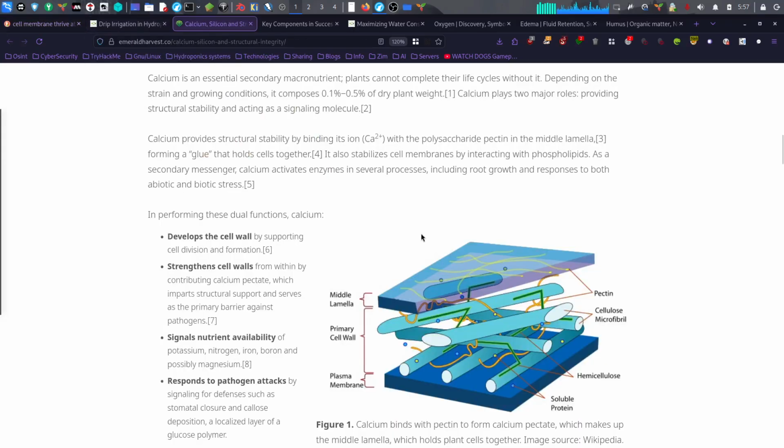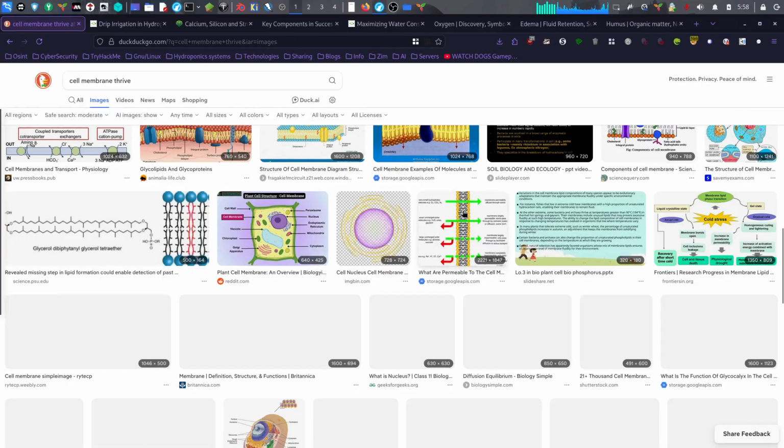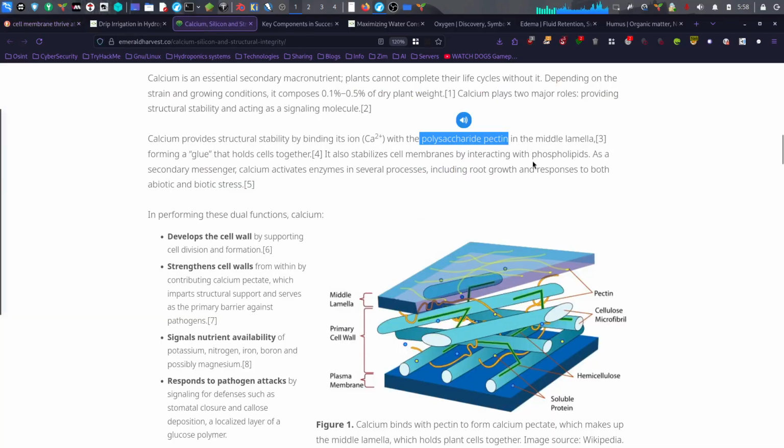Okay, continue. Calcium provides structural stability by binding its ions, calcium 2+, with the polysaccharide pectin. This is just a molecule. You can imagine a circle like this, connected with other circles in the middle lamella, forming a glue that holds cells together.